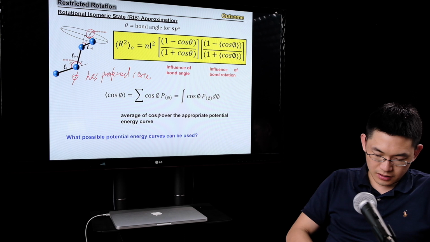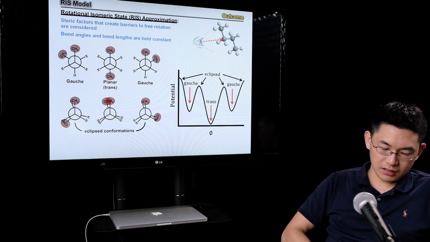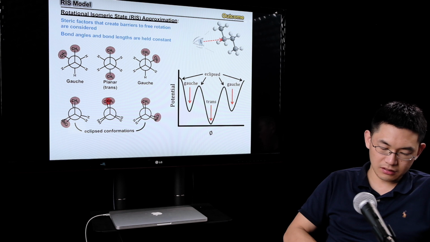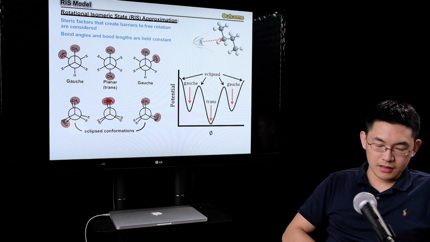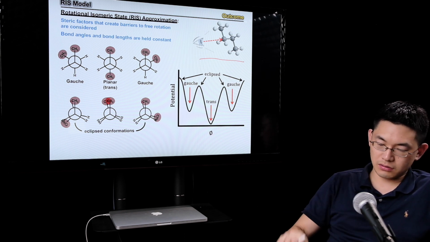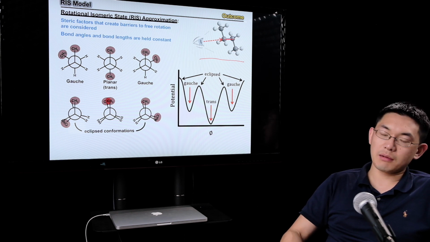And we can see in the next slides, this is what we talked about in the gauche plus or trans, or gauche minus different rotation. And we would also have eclipsed rotation, where the bond is sitting directly on top of the large bond. This would result in a higher energy, and again, this is a good cartoon showing which direction we should look at. We are basically following along this carbon-carbon bond.